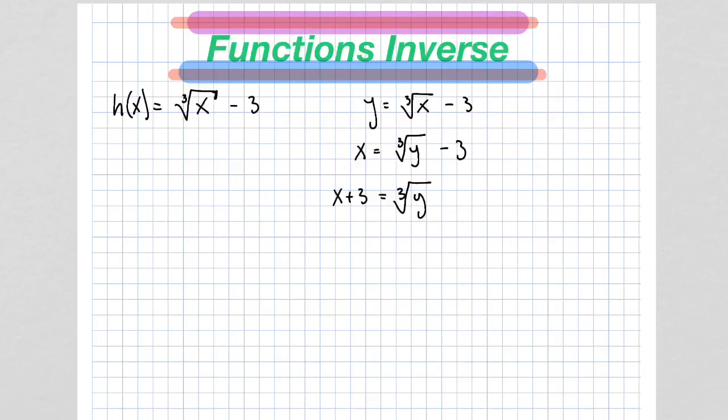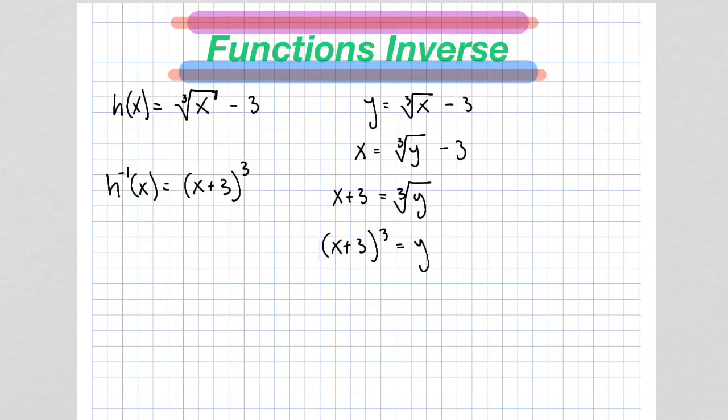Then simply cubing both sides. So now we have x plus 3 cubed equals y. And at that point, we're done. So we're going to say the inverse of h of x equals x plus 3 cubed.